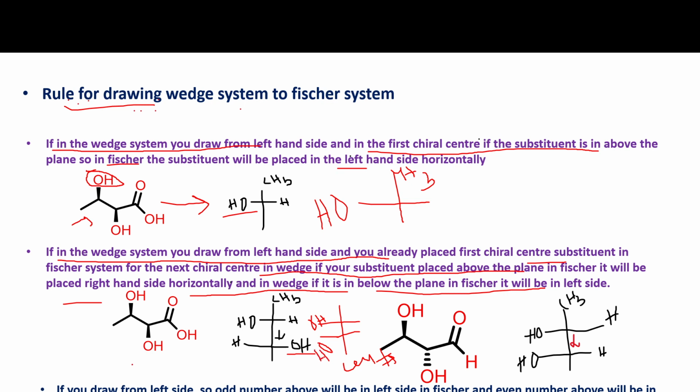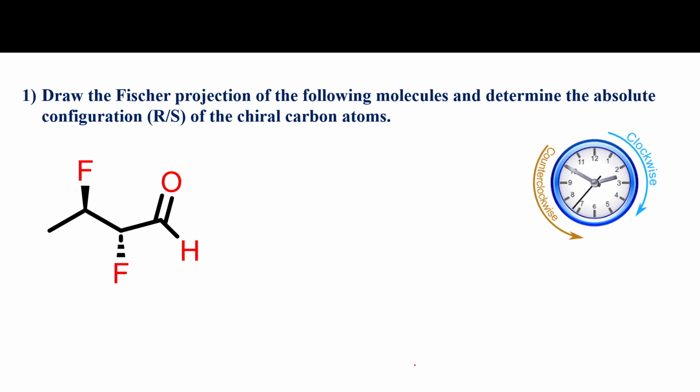So if you draw from the left side, the odd number will be placed on the left side, and the even number above will be placed on the right side, and the even number below will be on the left side, counterwise. So now we can draw this molecule.